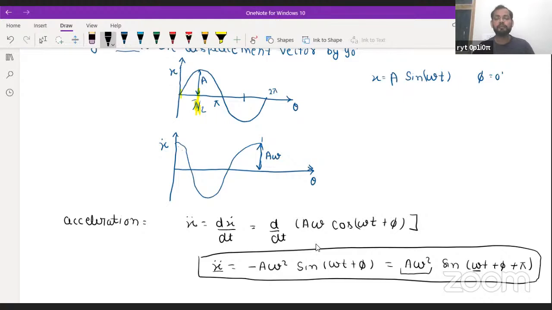And what will be the frequency of acceleration? It is nothing but omega. And what is the leading of that acceleration vector?